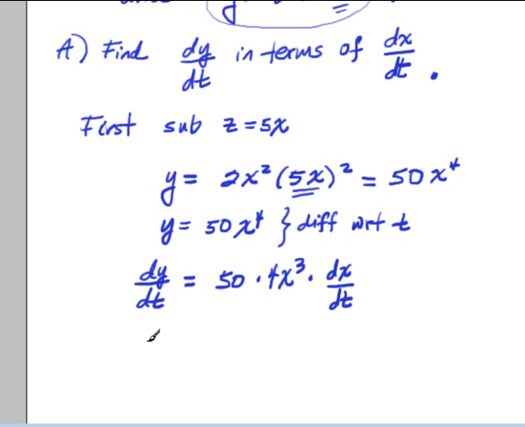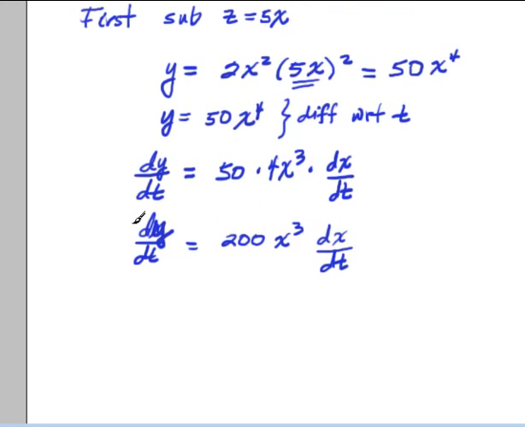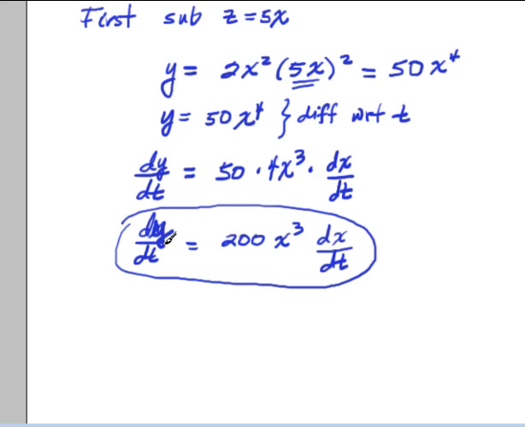So we have dy dt is equal to 200 x cubed dx dt. So now we have a related rate. This is called our related rate equation, which relates the two rates. It shows how dx dt and dy dt are related.